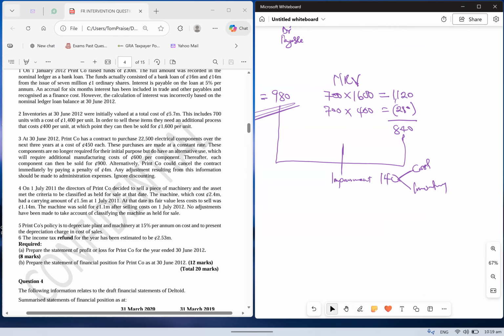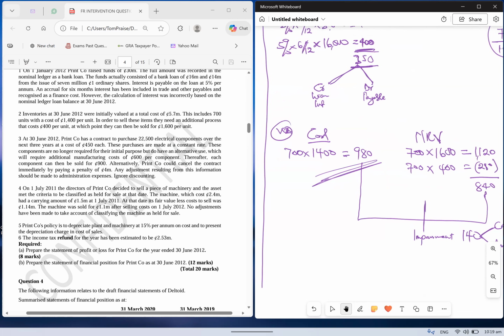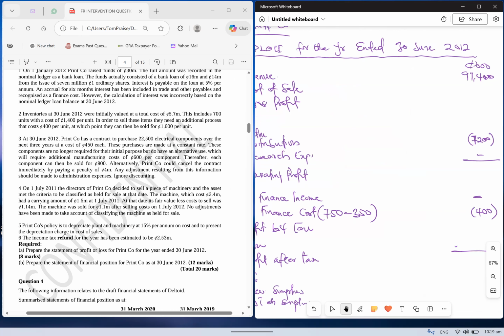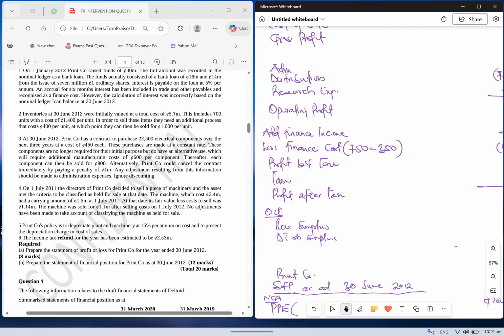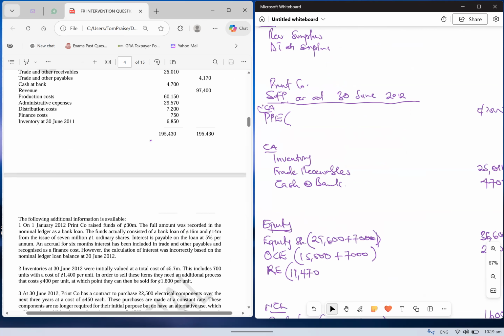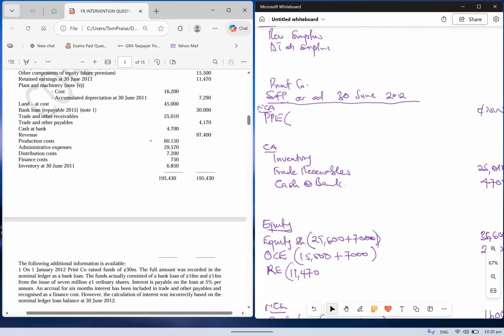So let's go to the inventory. Straight. You don't waste time. Inventory, balance sheet. What did you have there before? So inventory is 6850 minus 140.